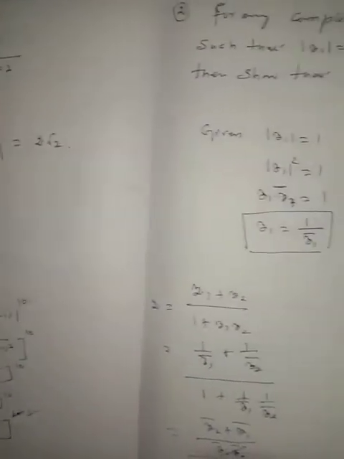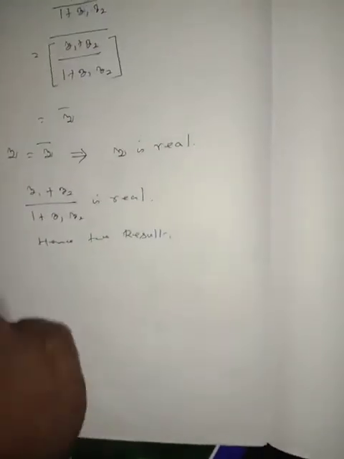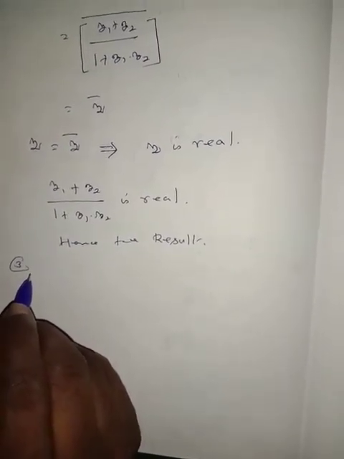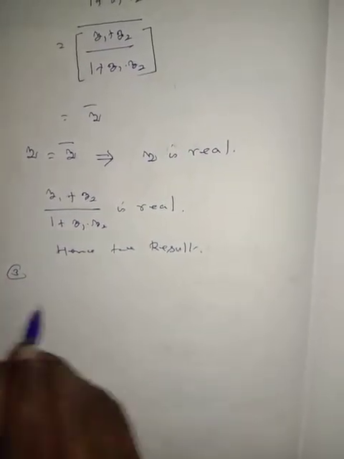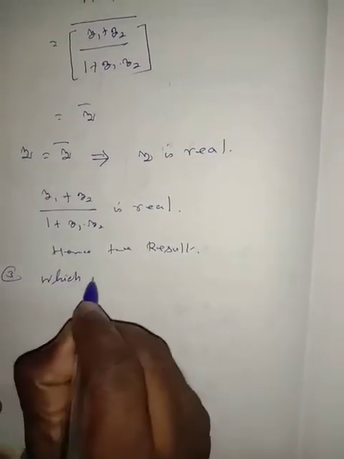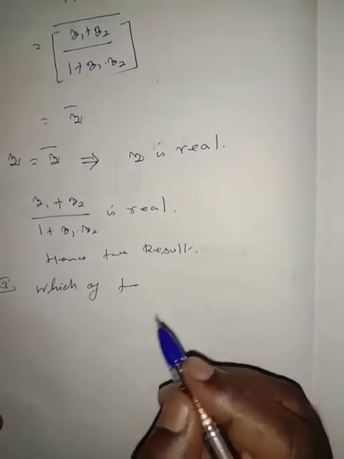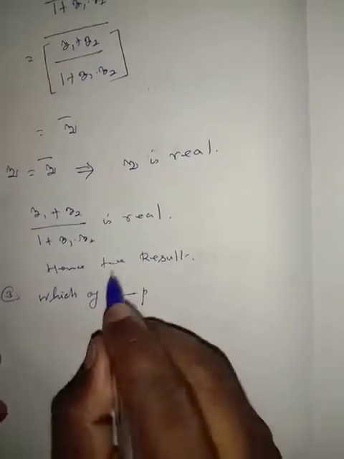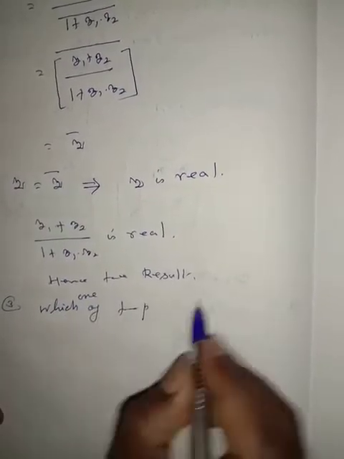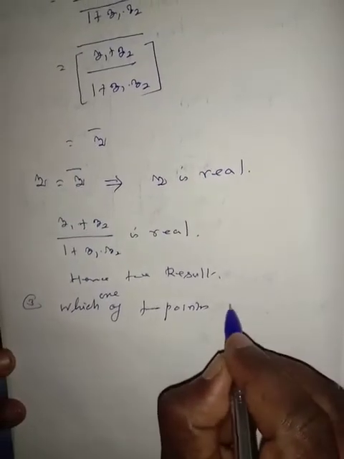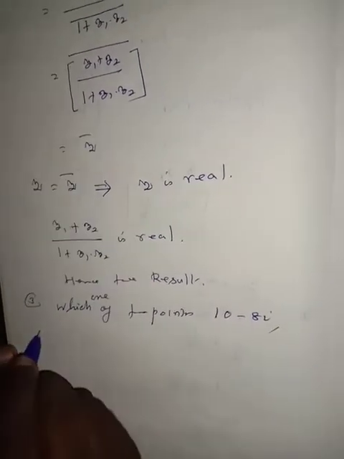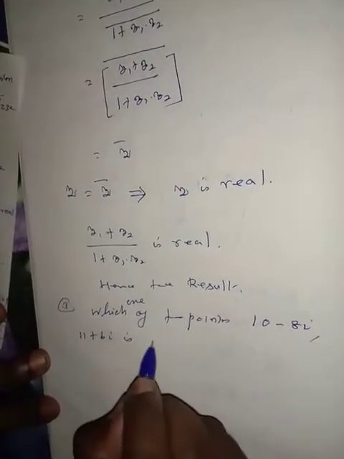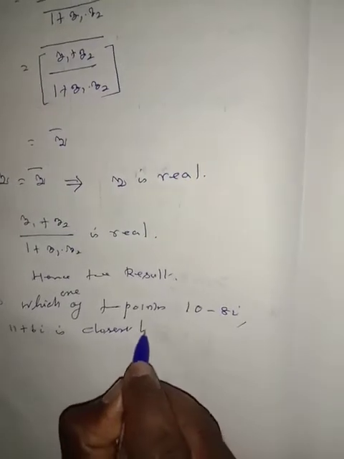Next, question number 3. Which one of the points 10 minus 8i, 11 plus 6i is closest to 1 plus i?